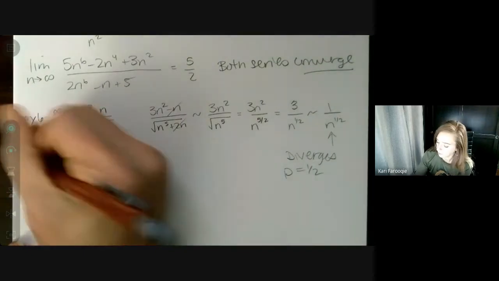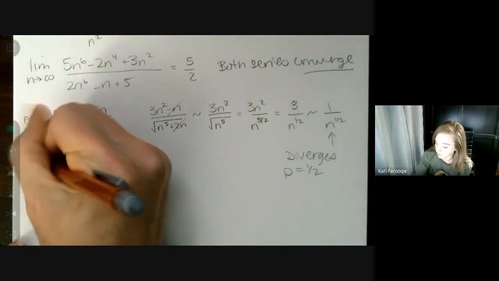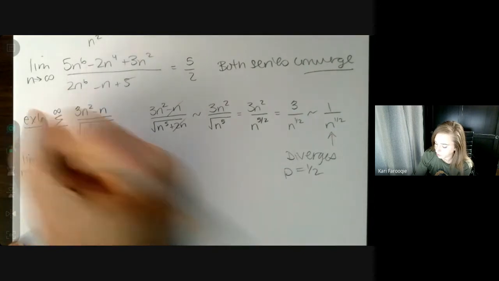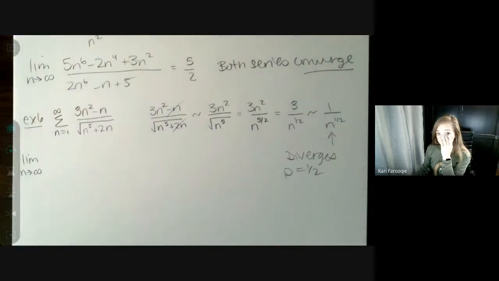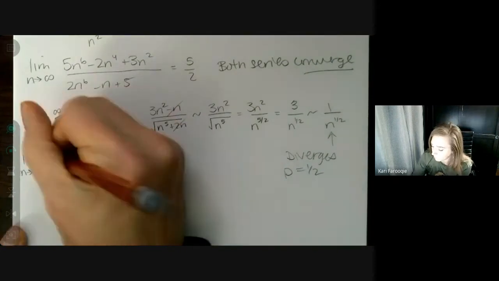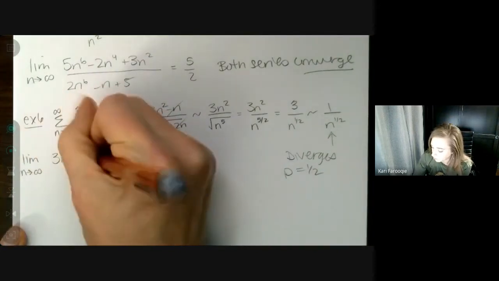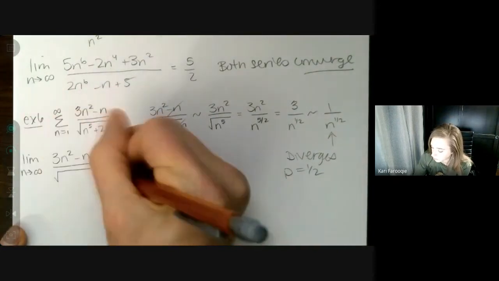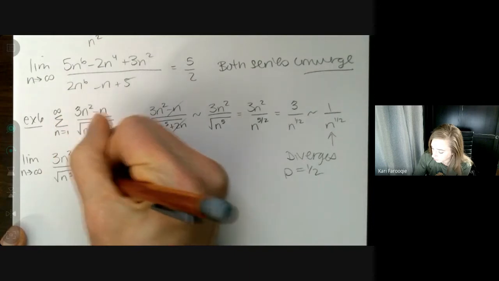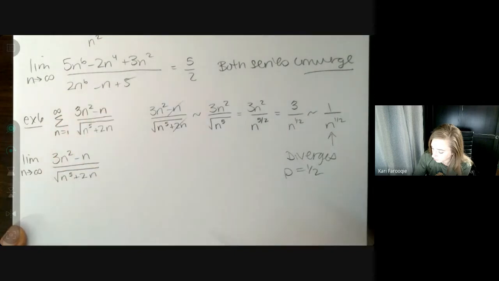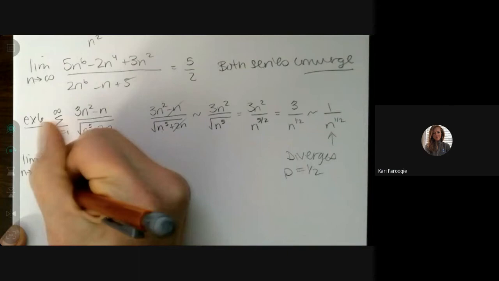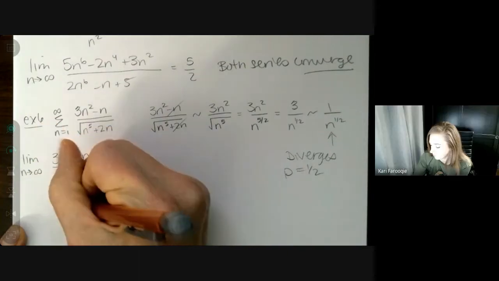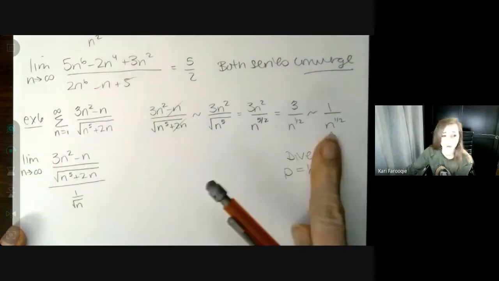Wonderful. All right, so we're going to take the limit here, and this one's actually a little bit trickier with the limit, just because you're going to be working with these radicals. So you have 3n squared minus n divided by the square root of n to the 5th plus 2n, and we're going to divide that by the square root of n. If you want to use the square root of n, you can.